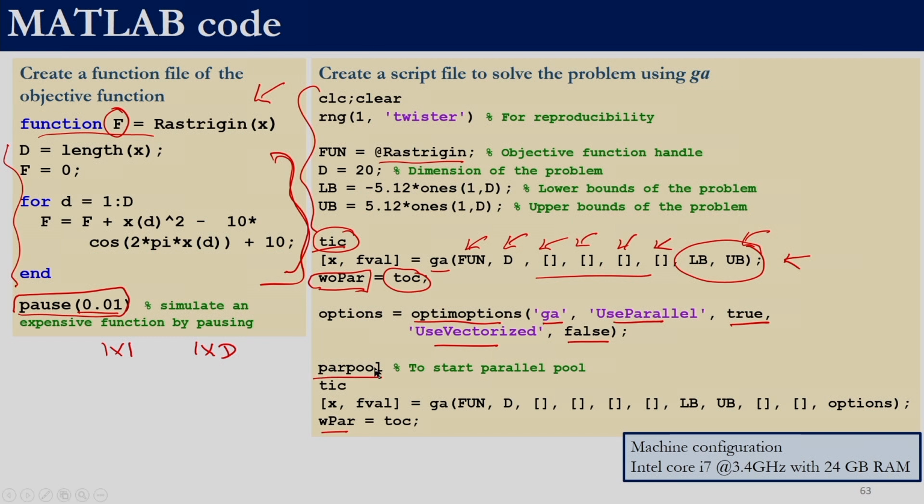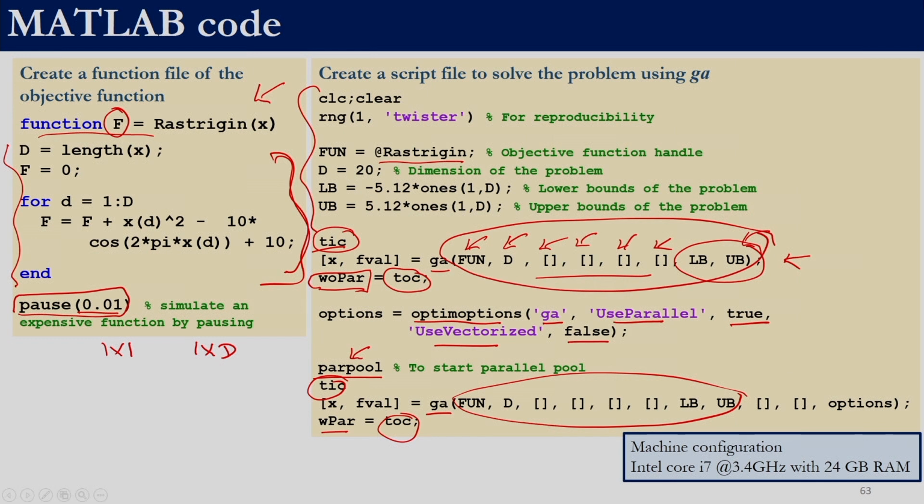So, we are using this MATLAB inbuilt function parpool. Depending upon the settings, parpool will initiate multiple workers, right. The more the number of workers, the work can be delegated to a larger number of workers. So, parpool will initialize all the workers, and then again we are solving the problem between a tic and a toc. In this case we are providing the same set of inputs which we provided over here.